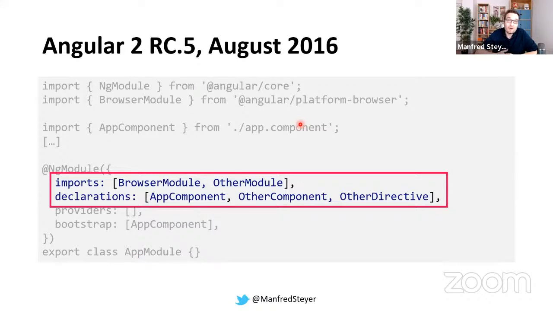The neighborhood, or as they call it officially, the compilation context. Everything the compiler allows inside of this or that component. And it also solved the issue of grouping related stuff, because now we could easily put stuff that normally goes together into one module. That was kind of nice.